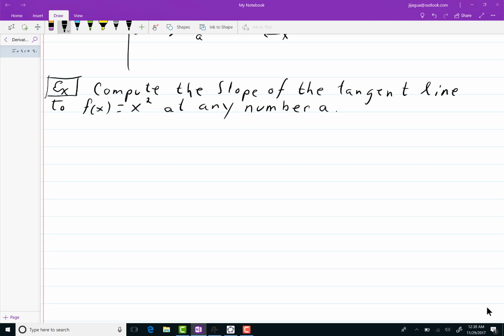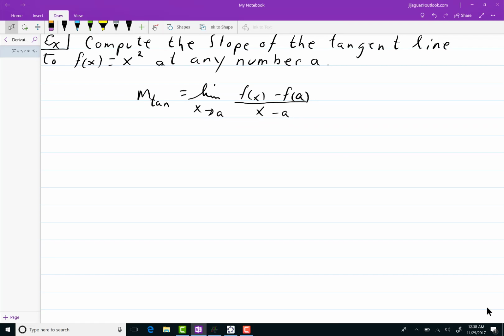Well, you'll remember we have m tan equals the limit as x goes to a of f of x minus f of a all over x minus a. f of x is equal to x squared, and f of a is a squared.